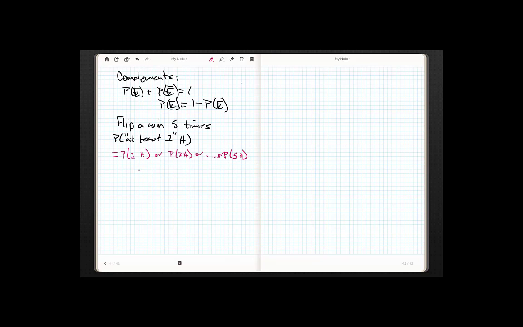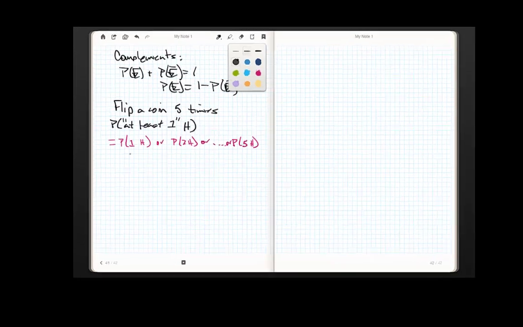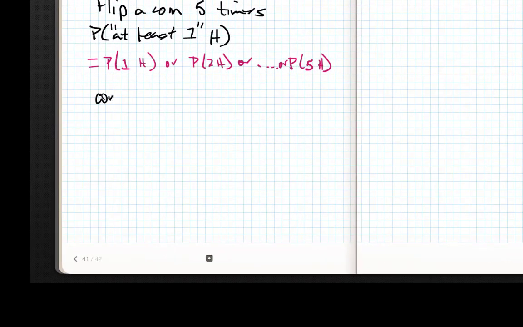But because I am so clever, let me go back to my black pen, which indicates cleverness. What is the complement of at least one? Oh, it's none. The complement of at least one is none.